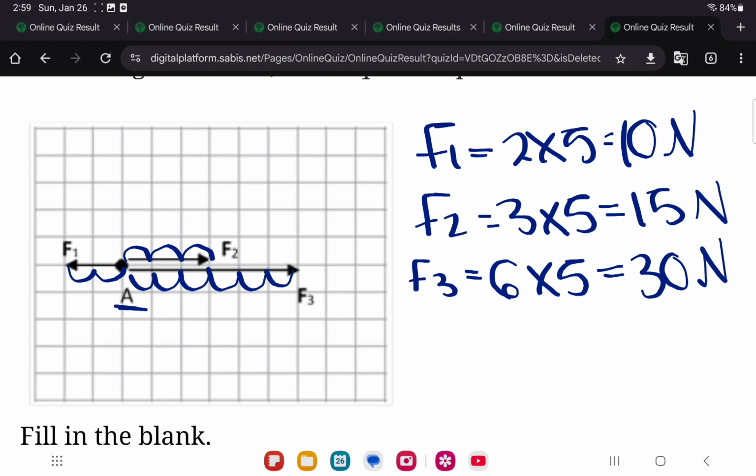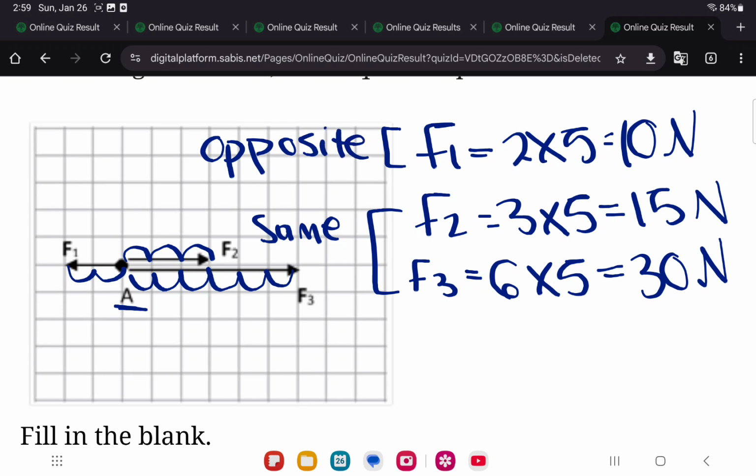Okay, so we know F2 and F3 are acting in the same direction, and F1 is acting in the opposite direction. So we have to add F3 and F2 up. So 30 plus 15 equals 35. And then we have to minus F1 because it's acting in the opposite direction.